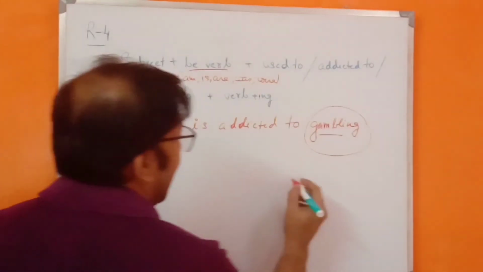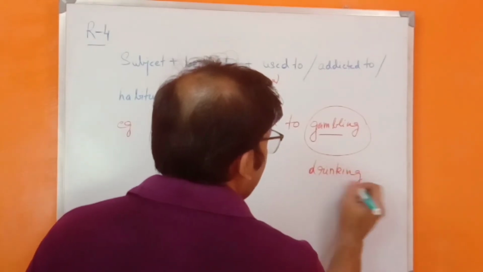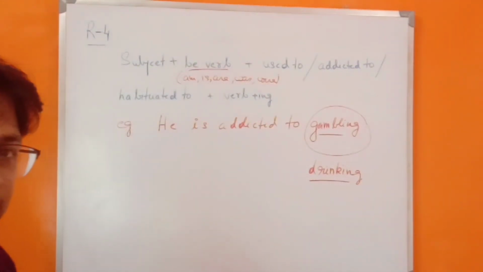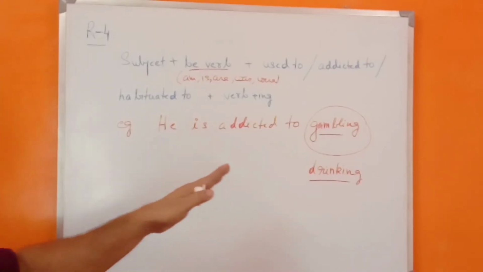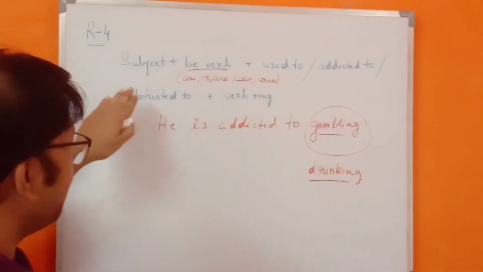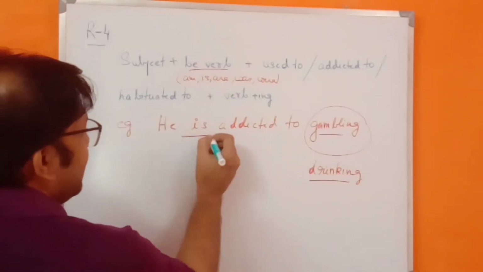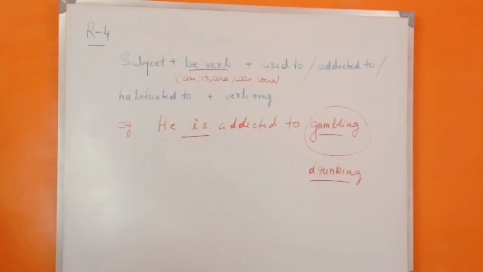Here, he is addicted to drinking. It is also a gerund. So these are the sentences where you can see that gerund is being used after this format. So you have to remember this format, and after this we are going to use our gerund.